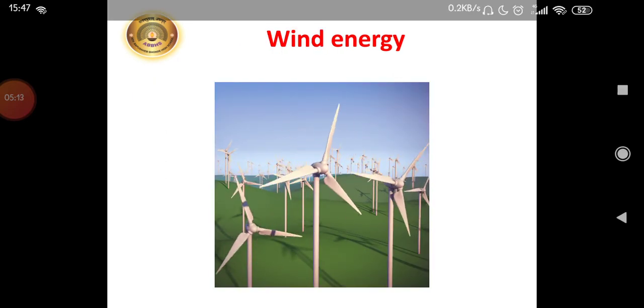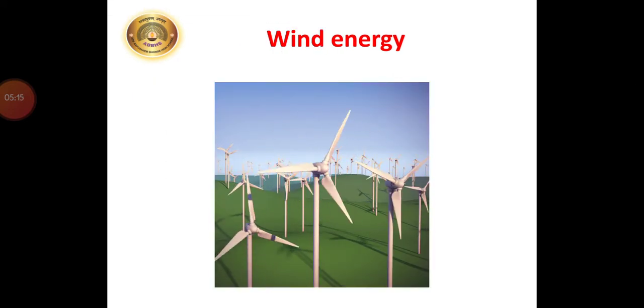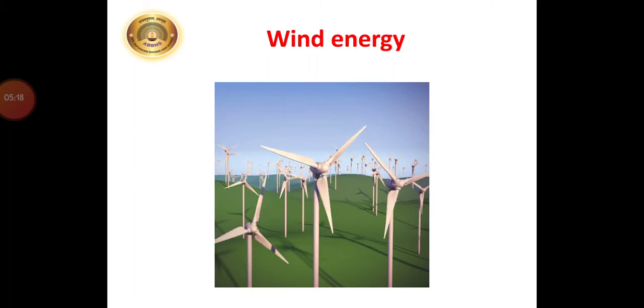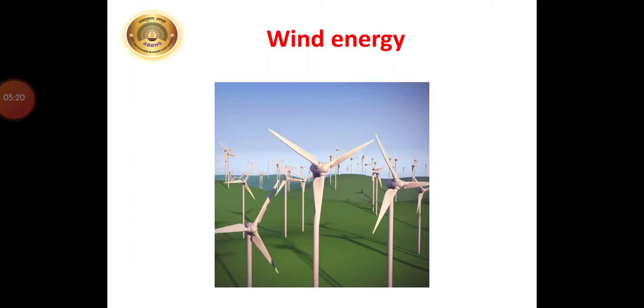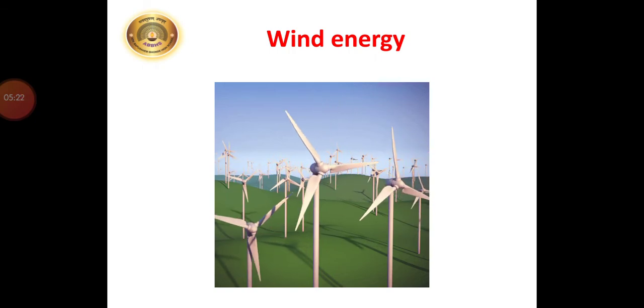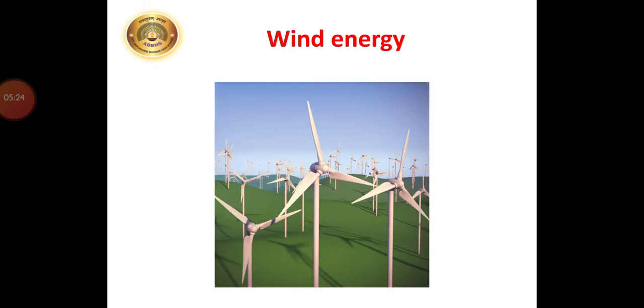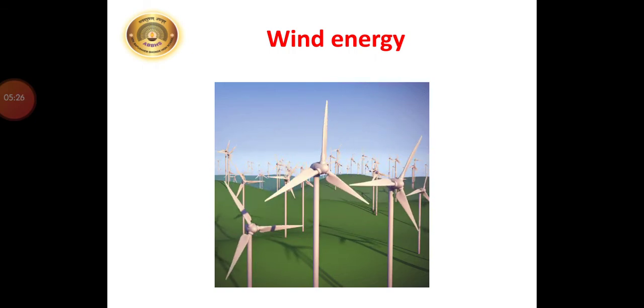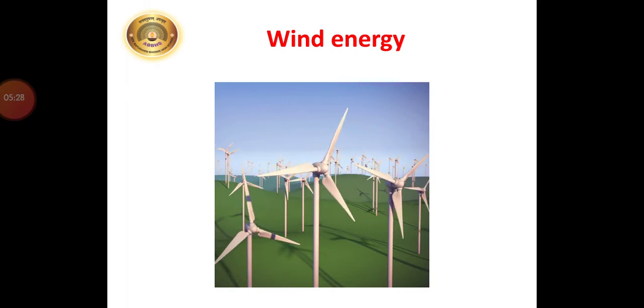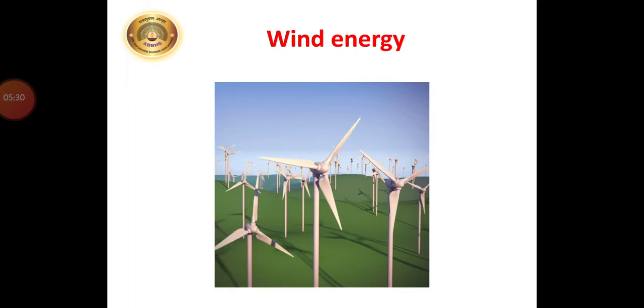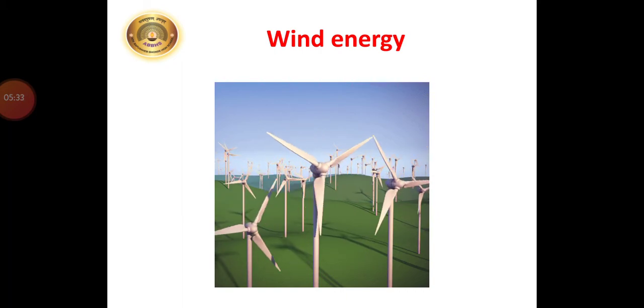Let us learn about wind energy. Energy from the flow of wind is used to generate electricity by means of windmills. Observe this picture. You can see how windmills are working. A windmill is also used for drawing water from a well.